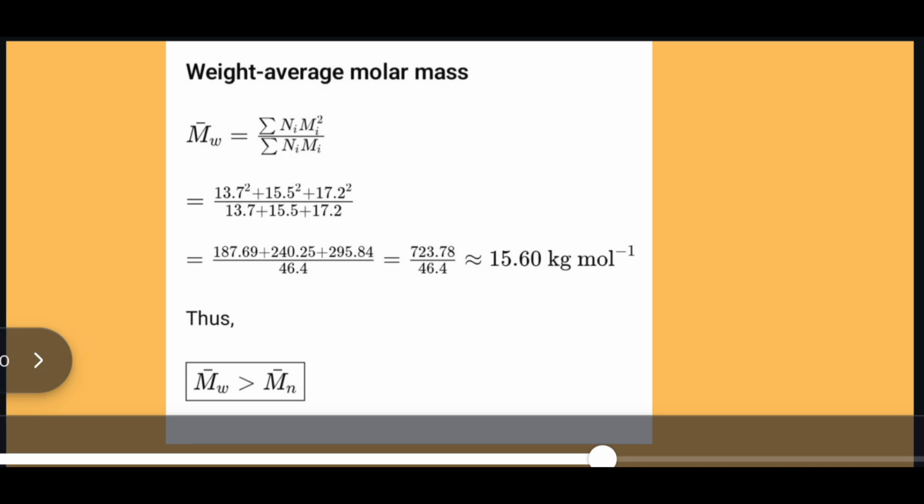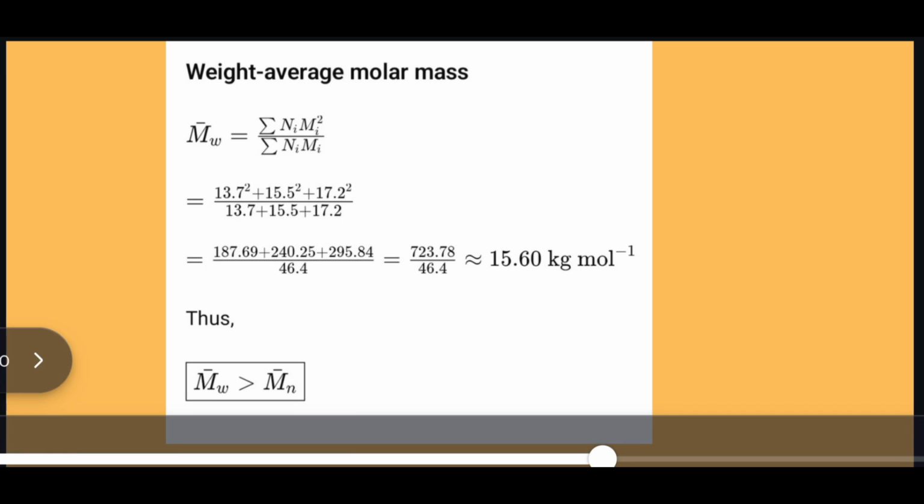So we'll calculate weight average molar mass. MW bar is equal to summation NiMi square divided by summation NiMi. That is equal to 13.7 square plus 15.5 square plus 17.2 square divided by 13.7 plus 15.5 plus 17.2, that is equal to 187.69 plus 240.25 plus 295.84, that is divided by 46.4.